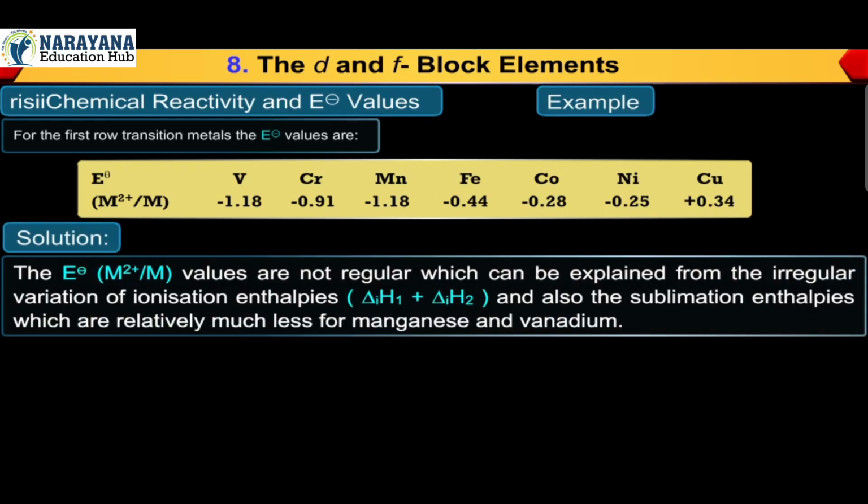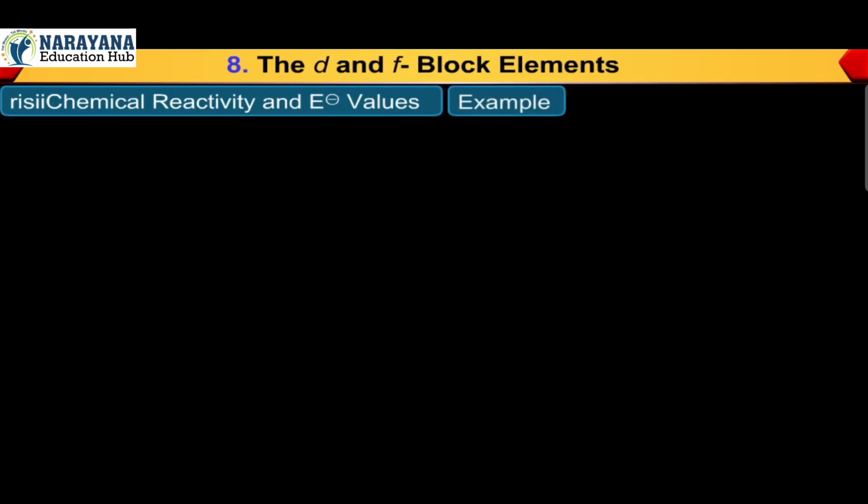Solution: the E standard, that is M2+/M values are not regular, which can be explained from the irregular variation of ionization enthalpies, that is delta IH1 plus delta IH2, and also the sublimation enthalpies, which are relatively much less for manganese and vanadium.